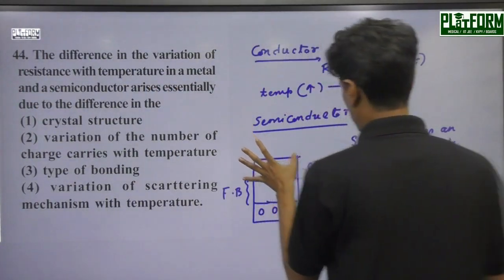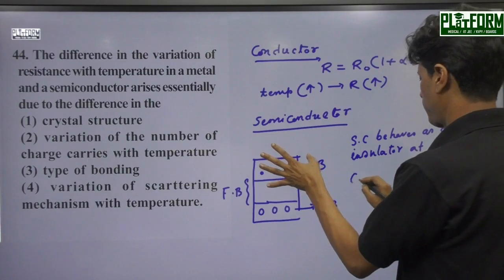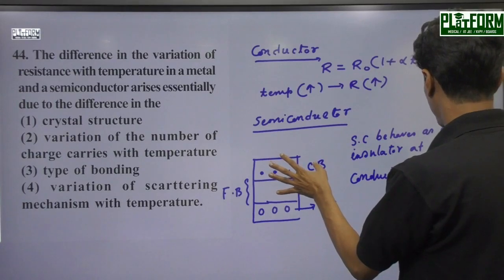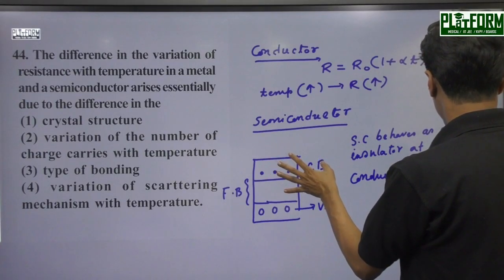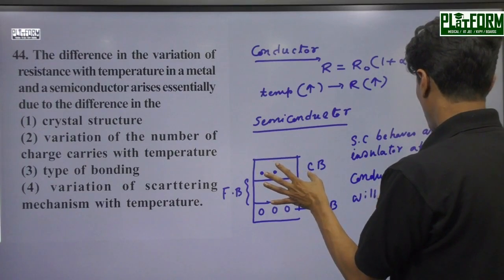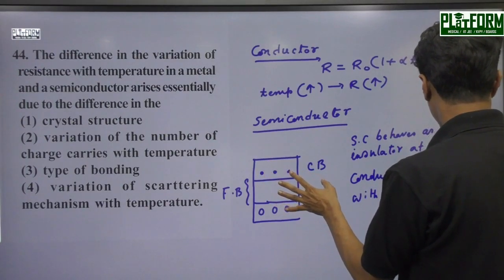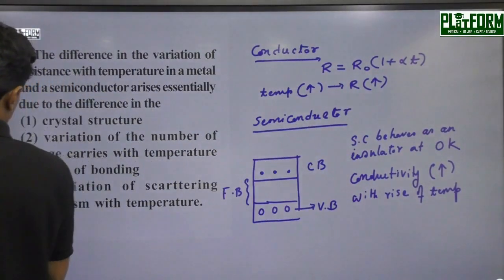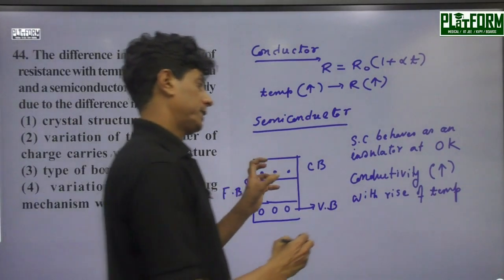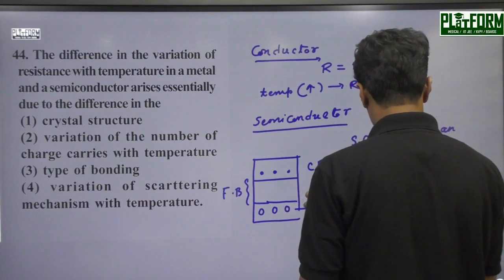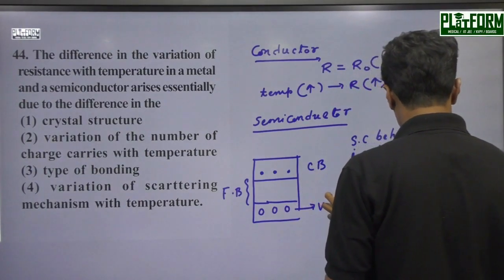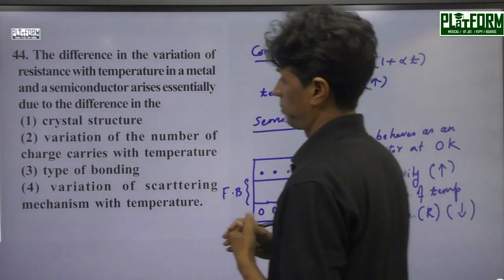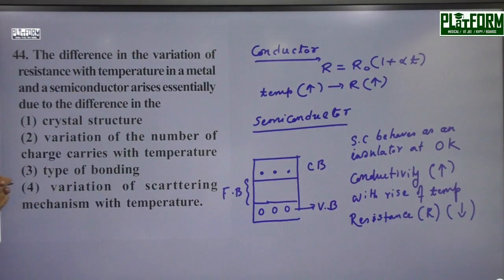Therefore conductivity increases with rise of temperature, and resistance decreases. Resistance of a semiconductor decreases.